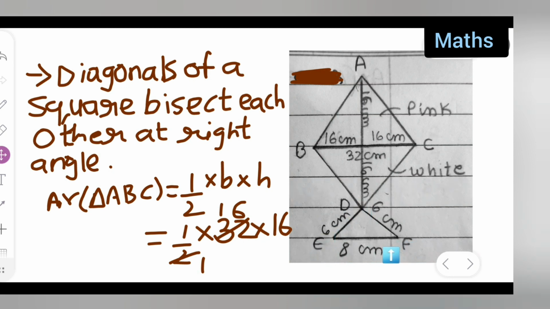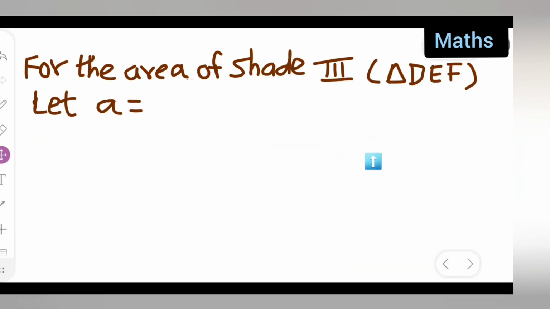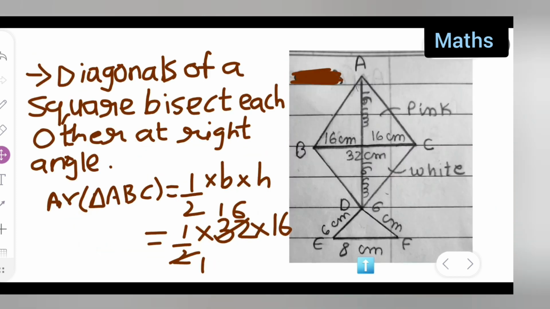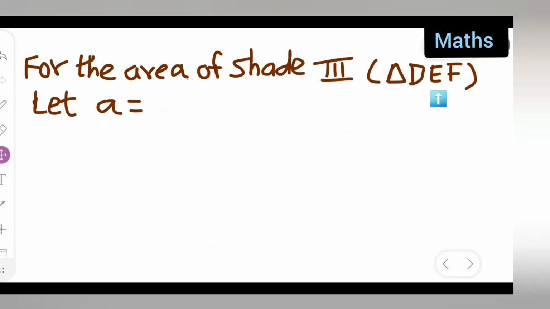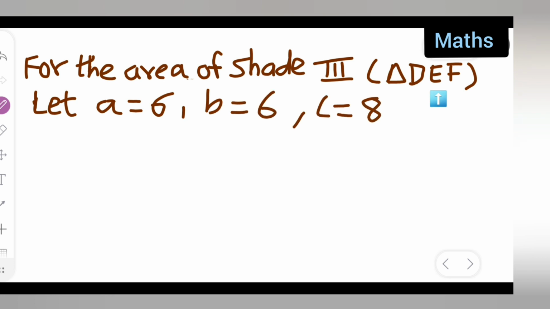Now this triangle we are talking about. So the value of A you can take as 6, the value of B also you can take as 6 and the value of C you can take as 8. So for the area of shade 3, that is your triangle DEF, as I said the value of A will be 6, value of B will be 6 and C is nothing but 8.